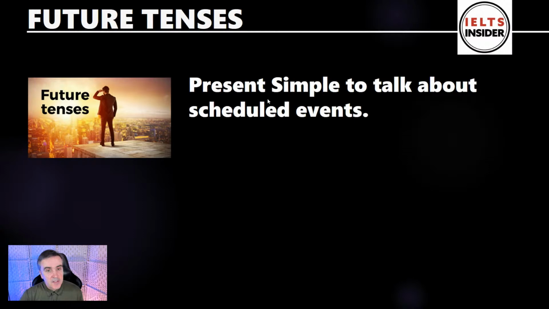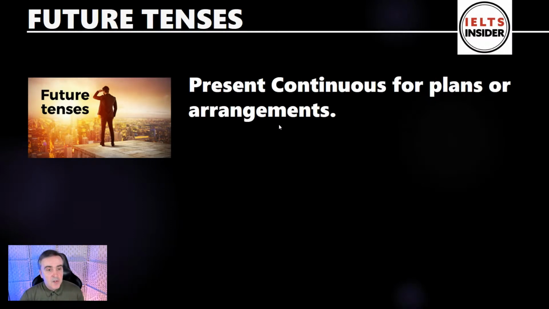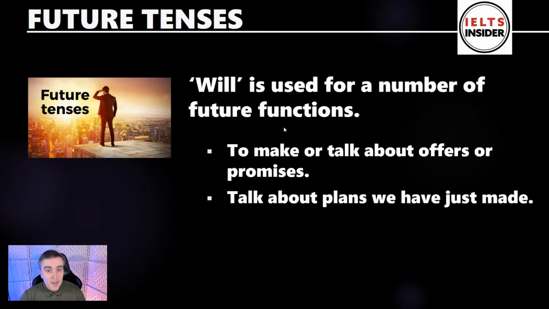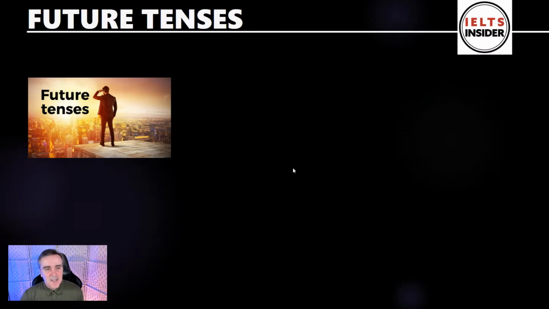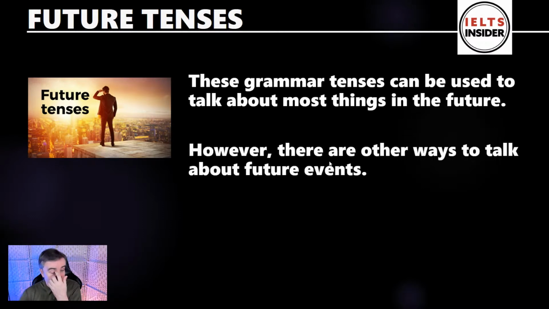That is the present simple for scheduled events, present continuous for plans or arrangements, will to make promises, plans we've just made, or predictions, and be going to talk about plans, intentions, and also to make some predictions. So a little bit of background before we start. These grammar tenses can be used to talk about most things in the future.